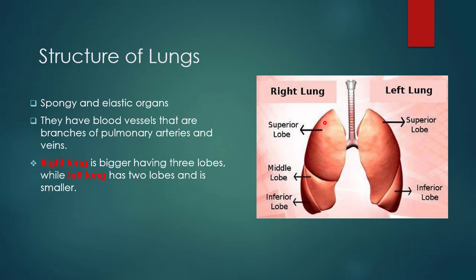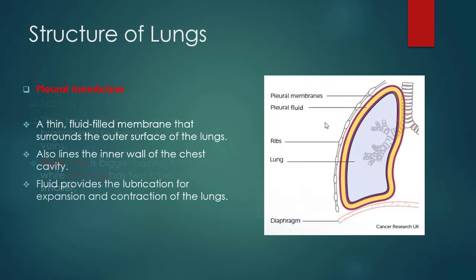Now students, apart from all these important parts, there is another very important part of lungs which surrounds the lungs, and that is the pleural membrane. This is a very important membrane. It surrounds the lungs and it also lines the inner wall of the chest cavity, as you can see here.